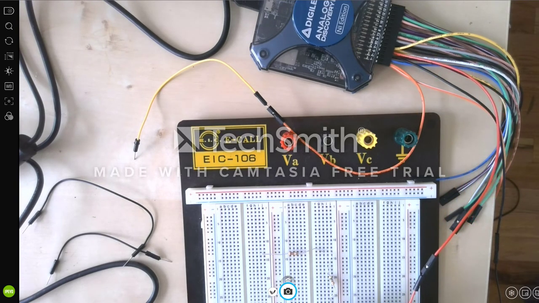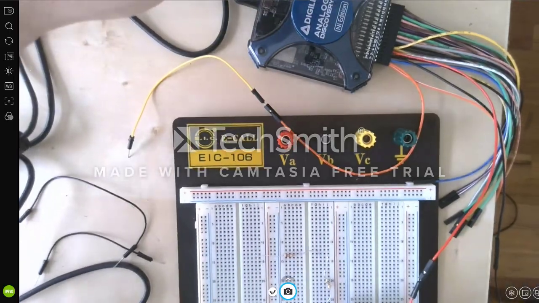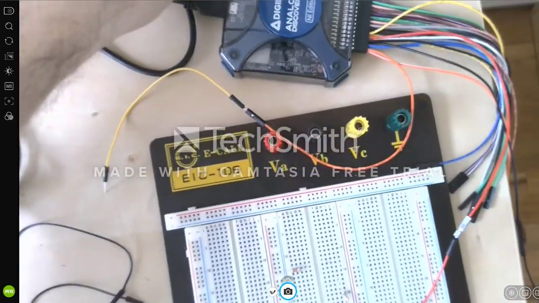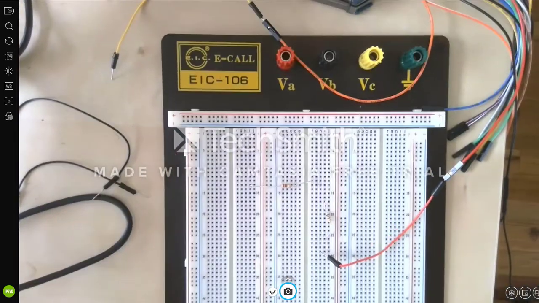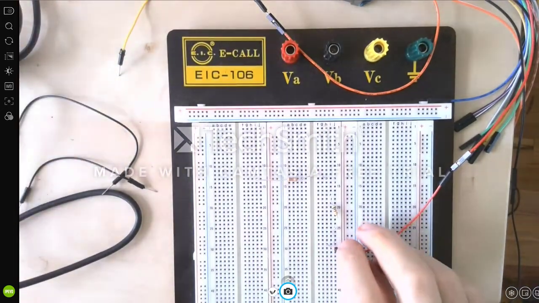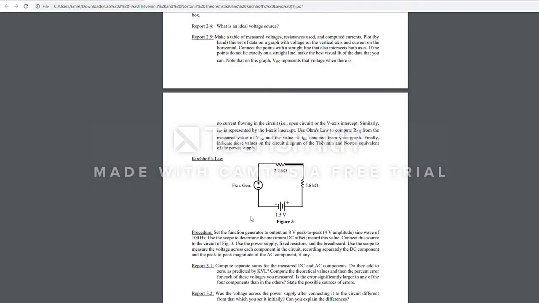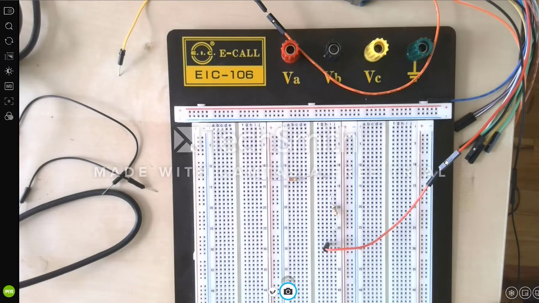I'm connecting it here, because the supply is before the 5.6K.